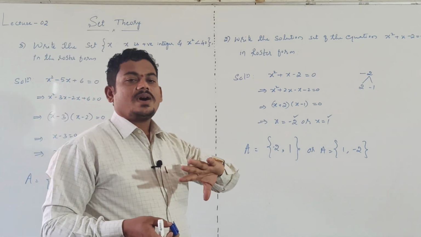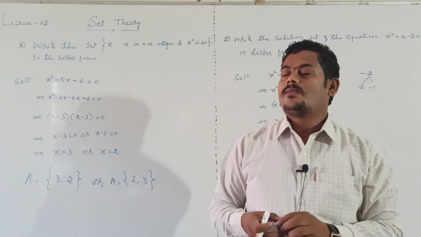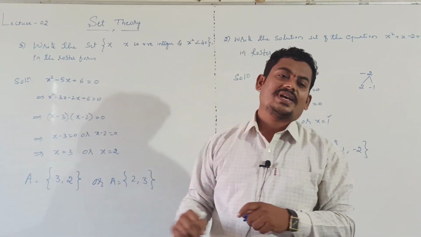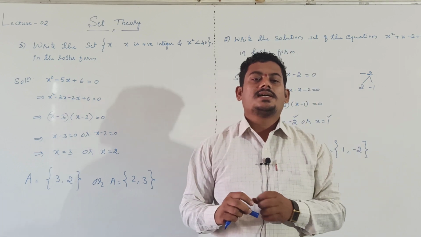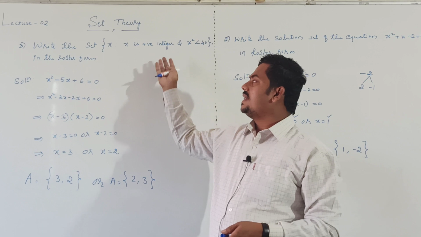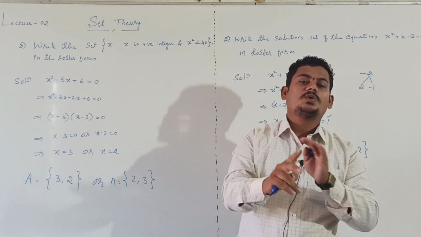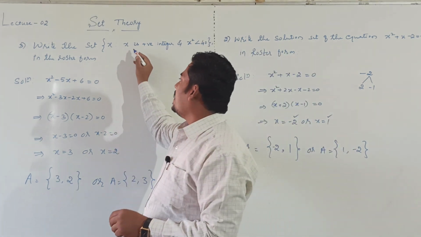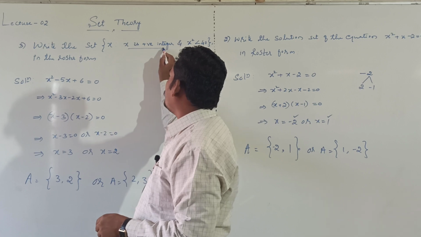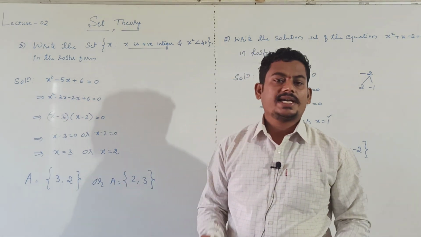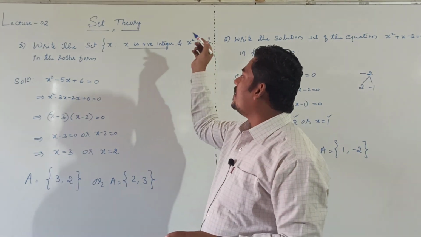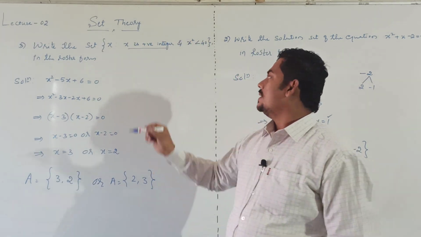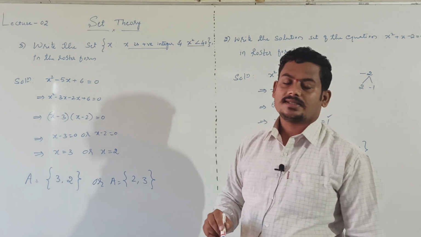In set builder form, we express property or properties of elements. Instead of listing all the elements, we express properties. Here there are two properties. What is one of the properties? It should be a positive integer. And its square should be less than 40. There are two properties here.